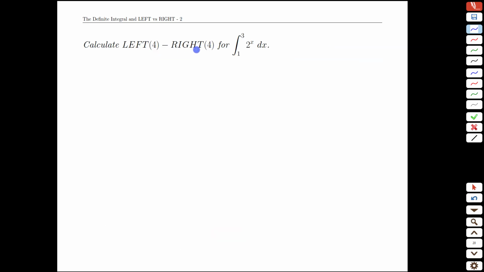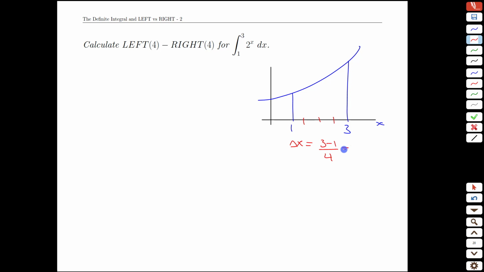But what if we repeat that calculation with 4 intervals? Again, we won't go through the full sketch here, but if we're integrating between x equals 1 and x equals 3, and we divide that into 4 intervals, delta x now will be 3 minus 1, this whole interval width, cut up into 4 pieces, and that would be 2 over 4, or 1/2, which makes sense.